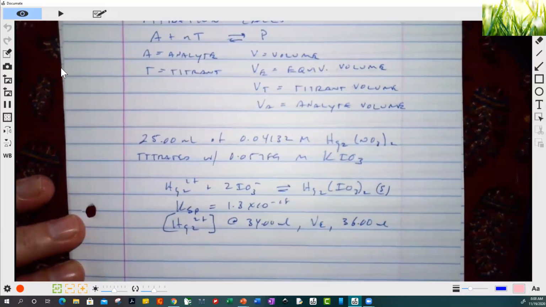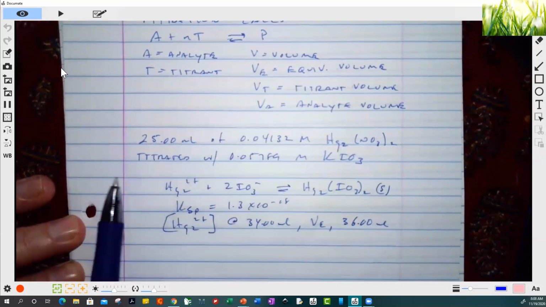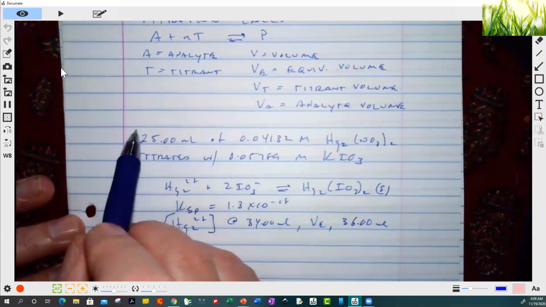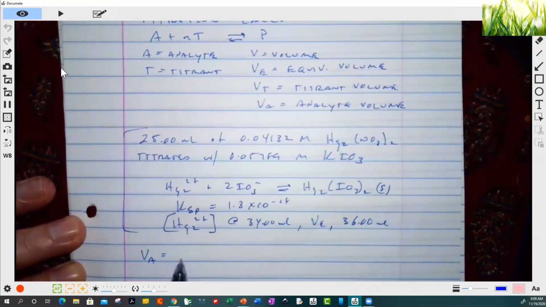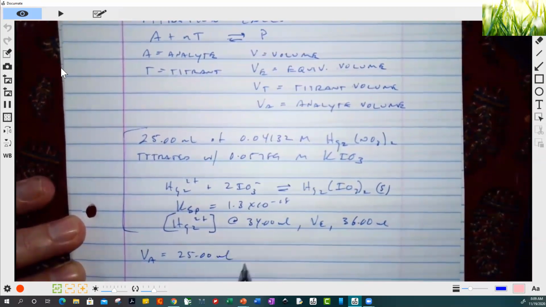A is for analyte, T is for titrant, V is for volume, VE is equivalence volume, VT is titrant volume, VA is analyte volume. So in this setup, VA is equal to 25.00 milliliters.